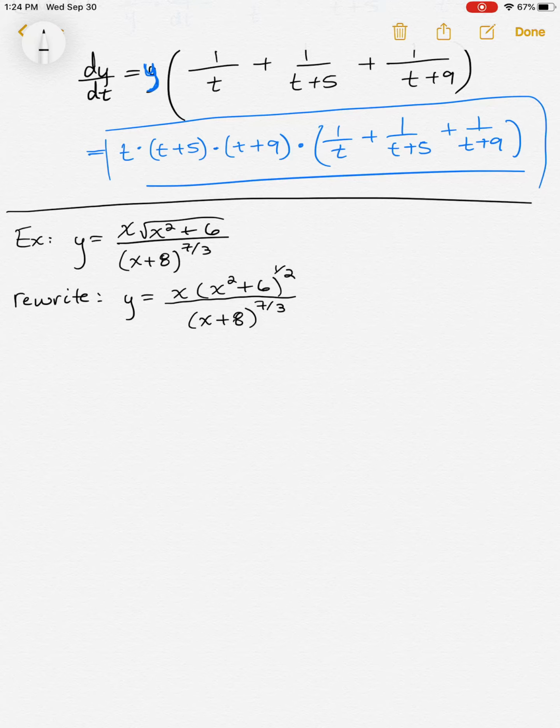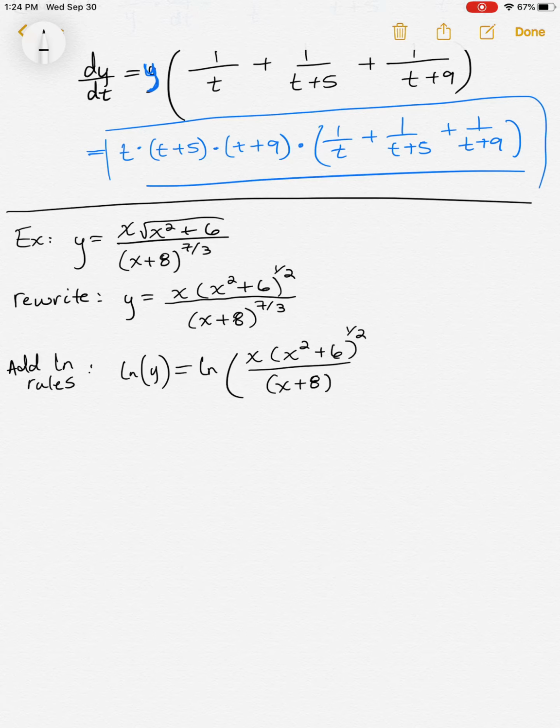Add in logs. Add in the natural log rules. So we have natural log of y equals the natural log of all of that other stuff over there. All right, time to apply log properties.